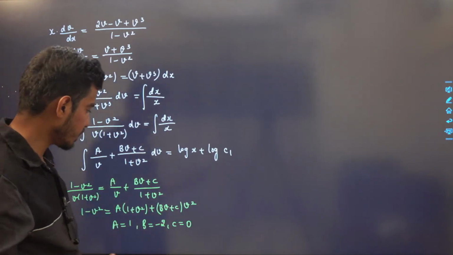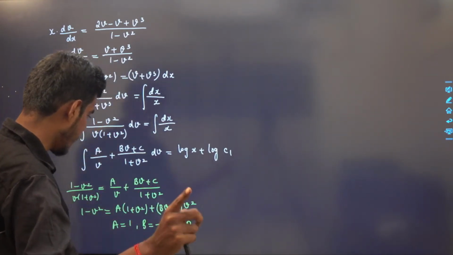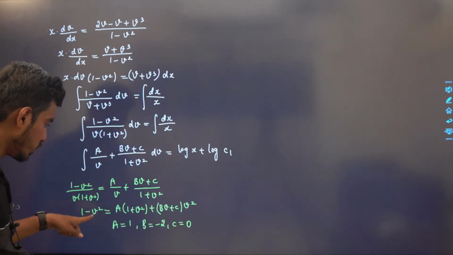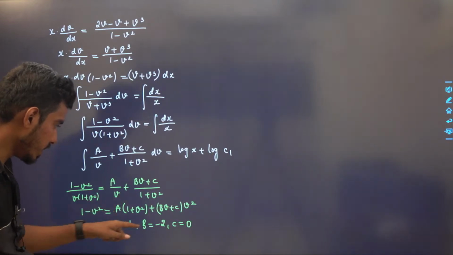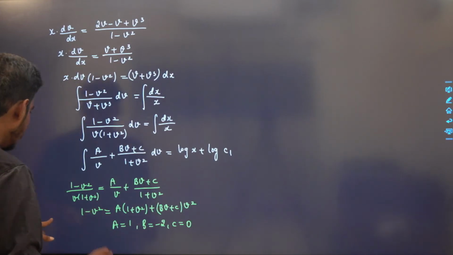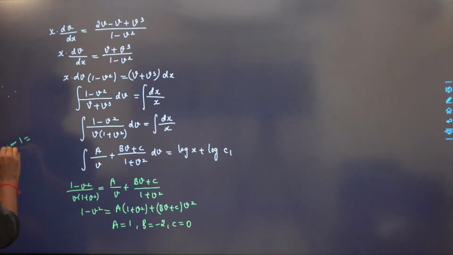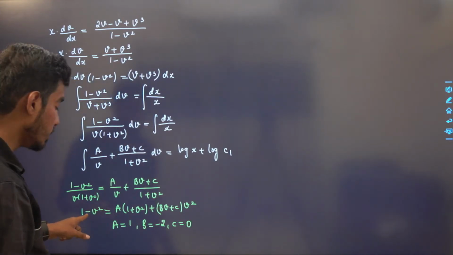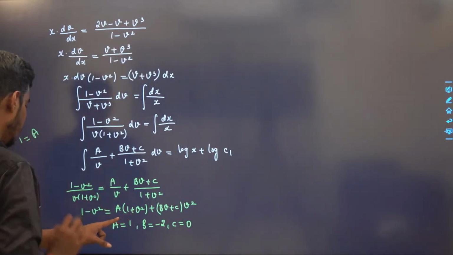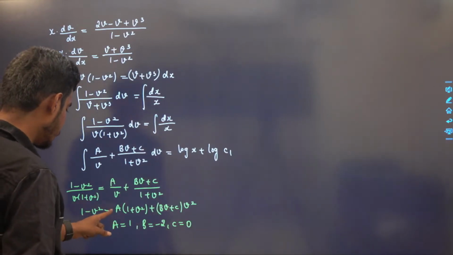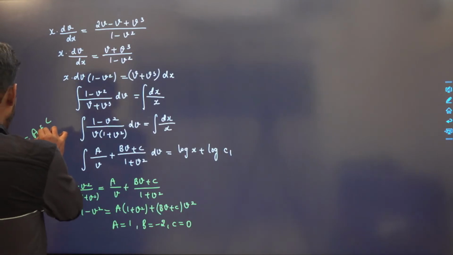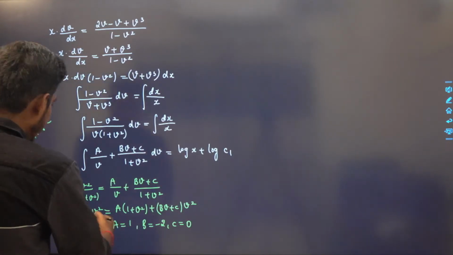Now if you equate the v square term, here you will have minus 1, here you will have A, and here you will have C, equating the coefficient of v square: minus 1 equals A plus C, and we know A is 1.